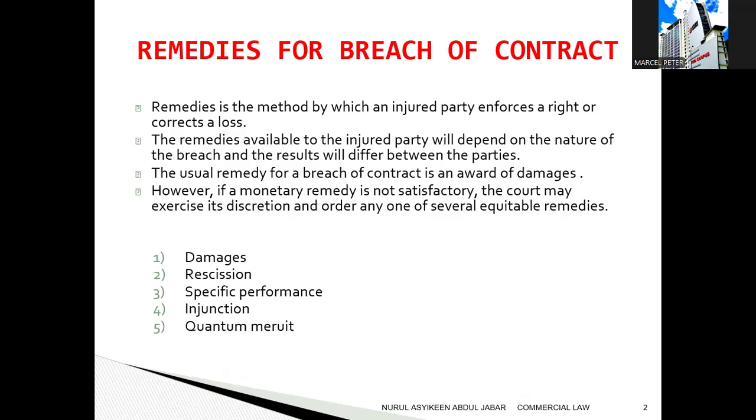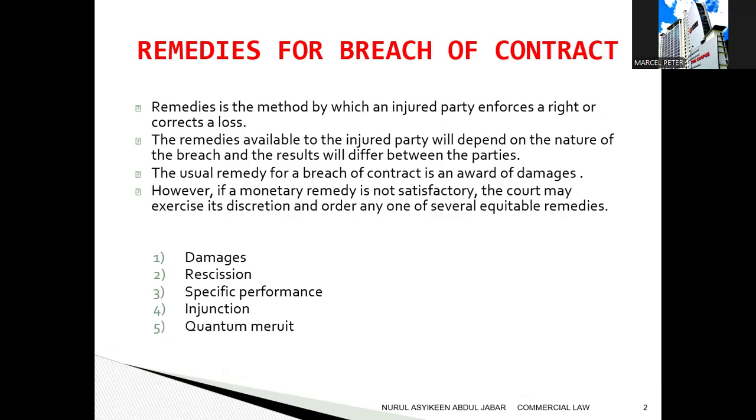Number one is damages. It's about financial compensation for loss suffered. Number two is rescission, which is the canceling of the contract. And the third one is specific performance, ordering the party to perform the contract. Number four is injunction, ordering the party to stop doing something.